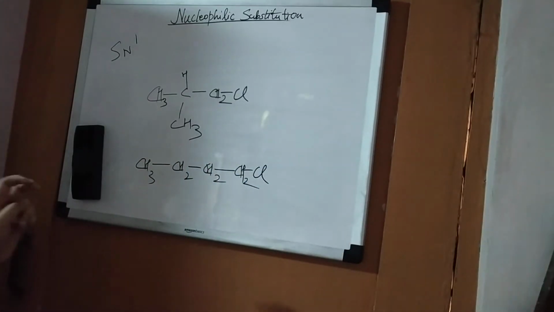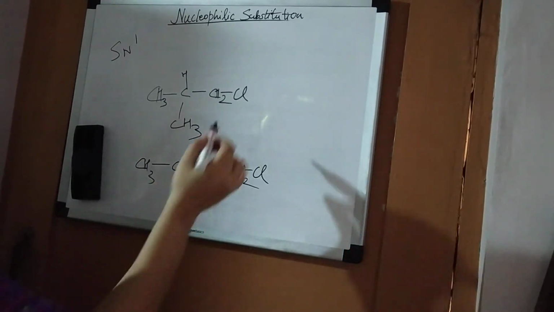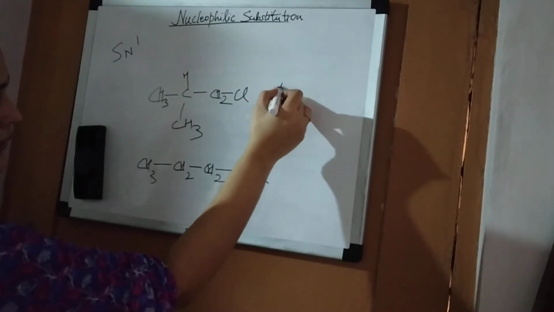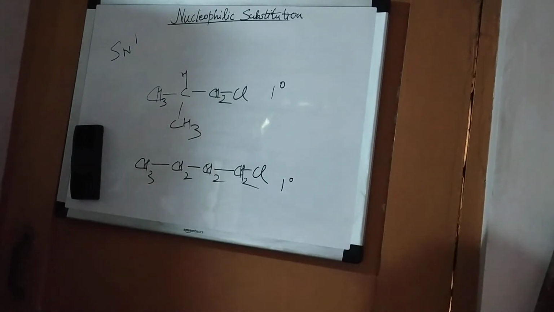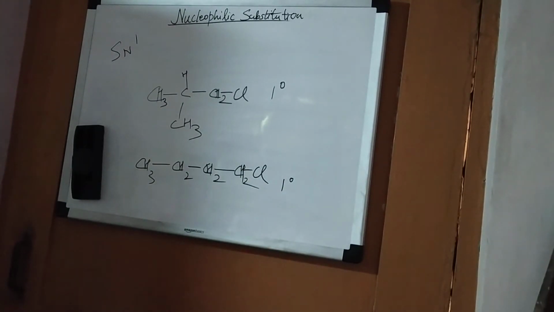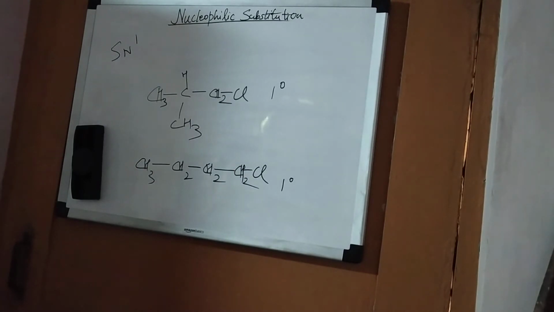So these are isomers because their molecular formulas are the same. The only difference is that there is branching here, and they both are primary halides. So the question is which one will undergo the substitution nucleophilic unimolecular reaction faster.